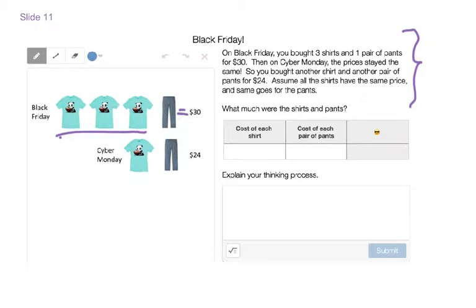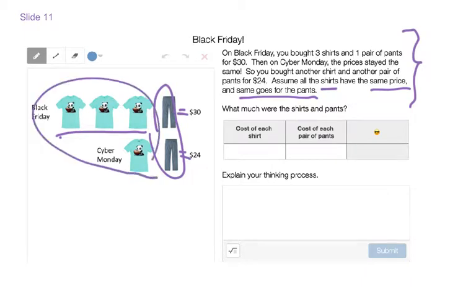So it looks like you bought the exact same shirt and another pair of pants. And this time you spent $24. So it's asking us to make the assumption that all the shirts are the same price and the pants are also the same price, meaning these pairs of pants are the same price and these t-shirts are the same price between Friday and Monday. So how much were the shirts and the pants?